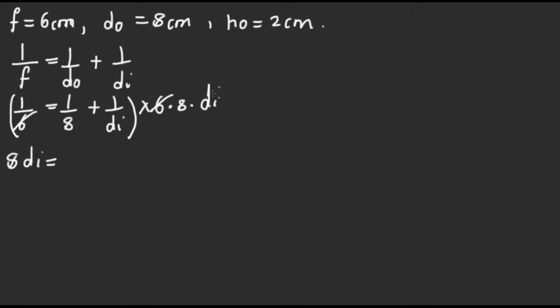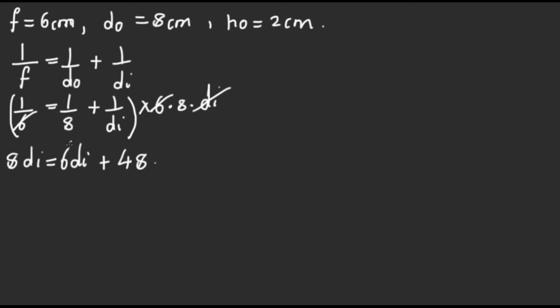Number 2, we get this, we multiply by this one. So if I cancel this one, I'm going to have 6 di plus, if we multiply this times this, the di will cancel, giving us 6 times 8 will give us 48.